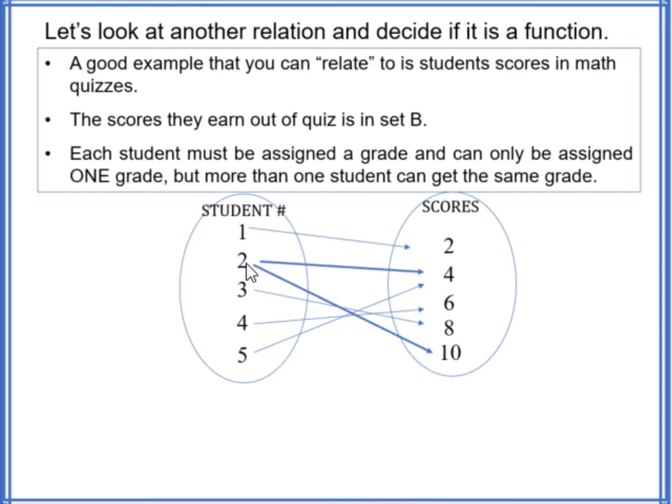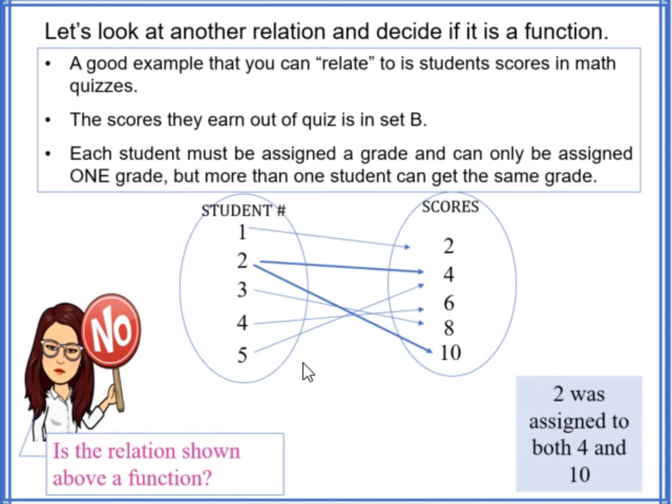Now, si student number 2 ay nakakuha ng 4 at ng 10. So, dito sa diagram na to, masasabi ba natin na function siya? The answer is no. And why not? Dahil si student number 2 ay nakakuha ng dalawang score, ito ay ang 4 at ang 10.